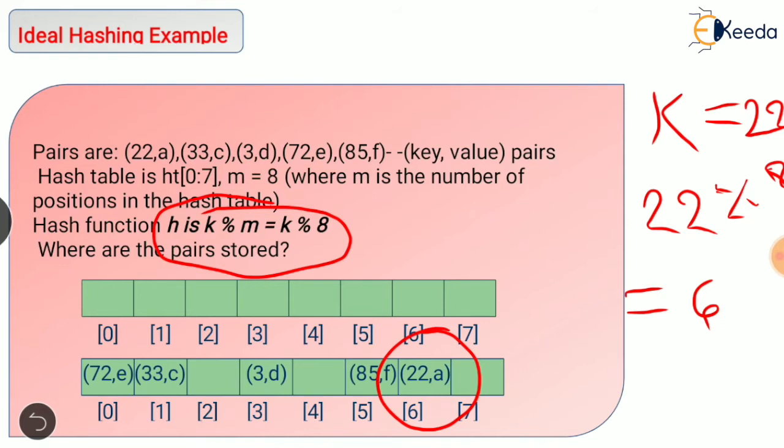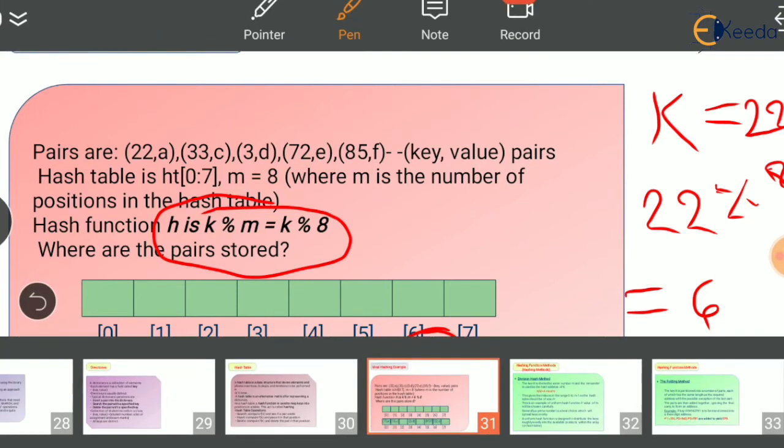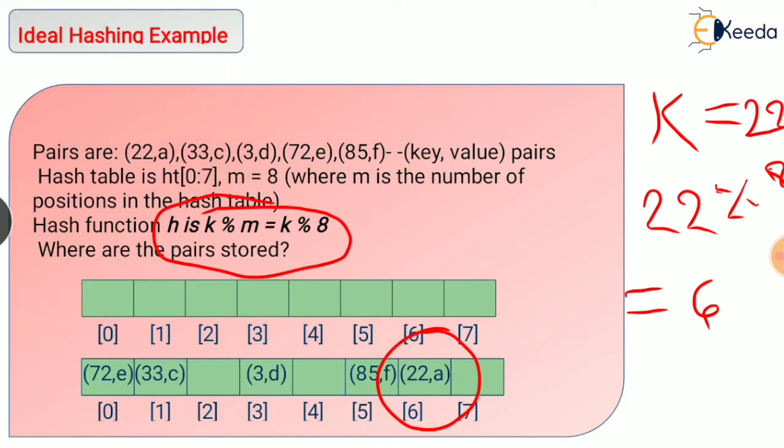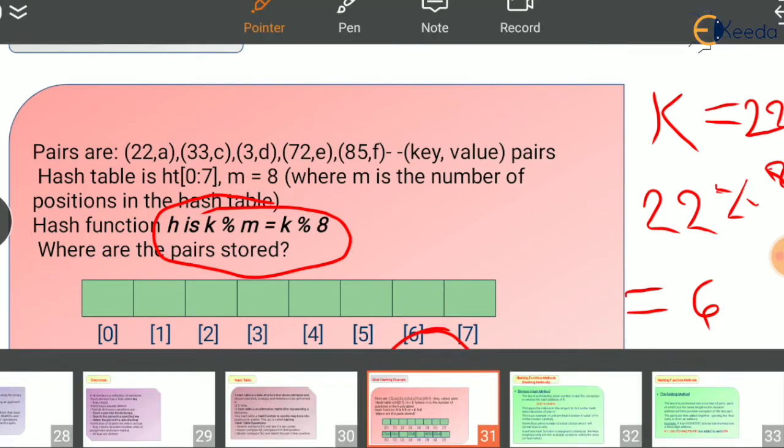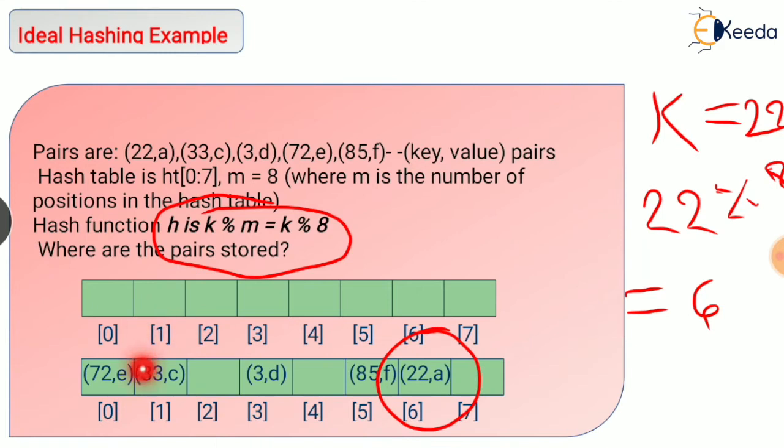Similarly for the next value, that is 33, C. Again 33 mod 8 is 1. And because of that we store the value in the first position.